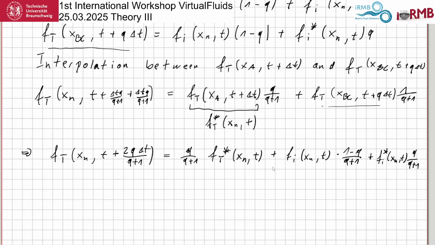Maybe somebody is going to read this later, so I just write it down. We're using esoteric twists. This saves only the post-collision state.